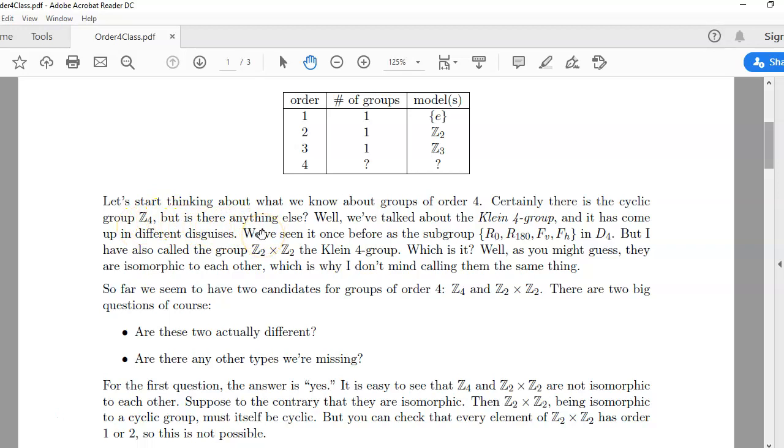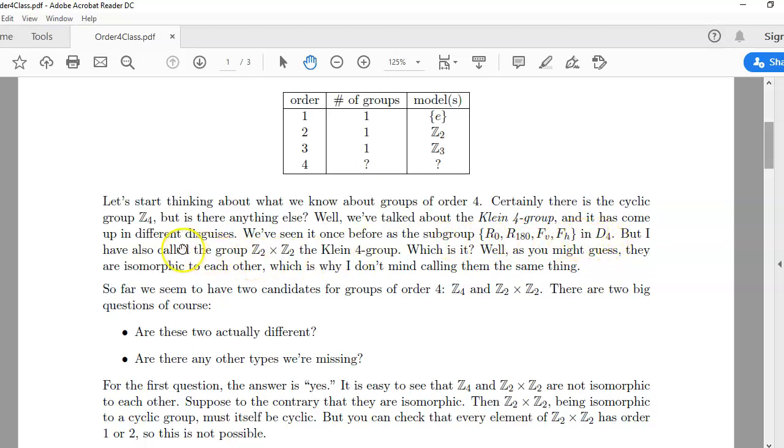Start thinking about the groups that we've looked at this semester and think about all the groups of order 4, and were any of them different from Z mod 4? Were any of them not cyclic? Well, we've talked about the Klein 4 group, and it's come up multiple different times. We originally saw it, I believe, as the subgroup R0, R180, FV, and FH inside of the group D4.